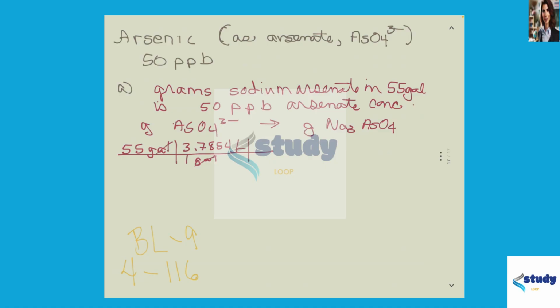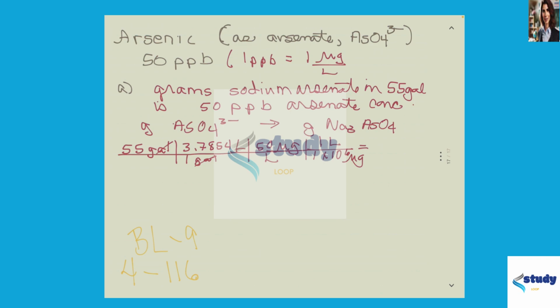And parts per billion, 1 part per billion is equal to 1 microgram per liter. So this will be 50 micrograms per liter, and there's 1 times 10 to the 6th micrograms in 1 liter.